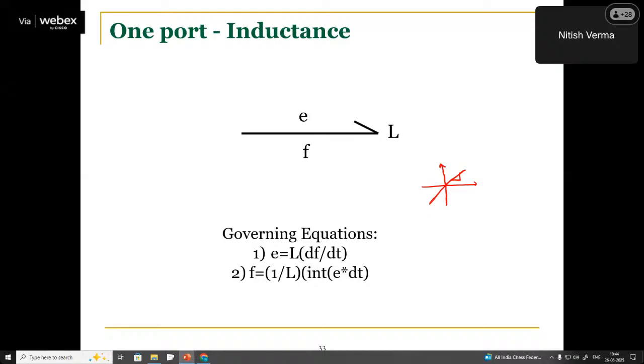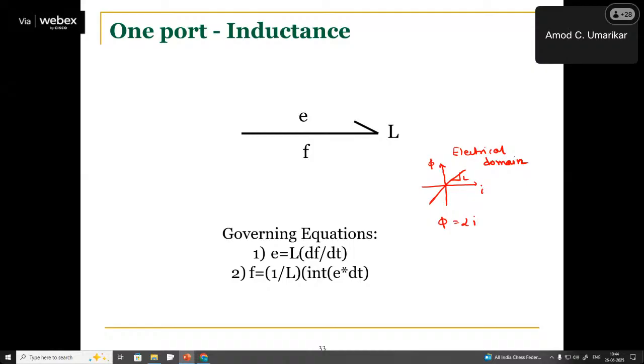In the electrical domain specifically, you have flux and current. If it is a linear relation, that is L. Because you must be knowing the relation, right?